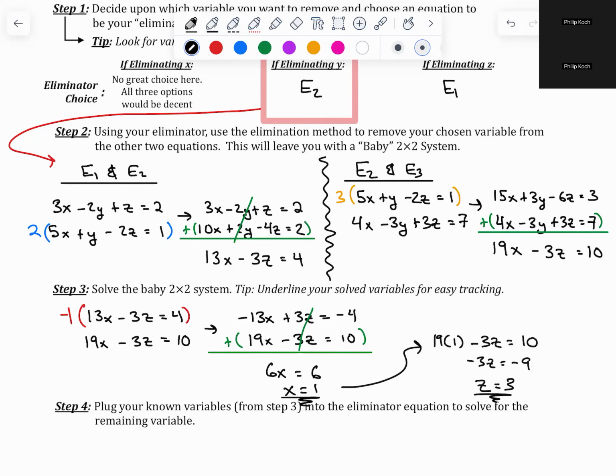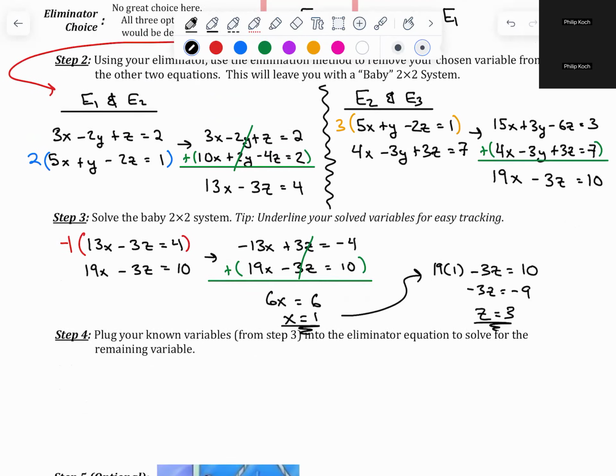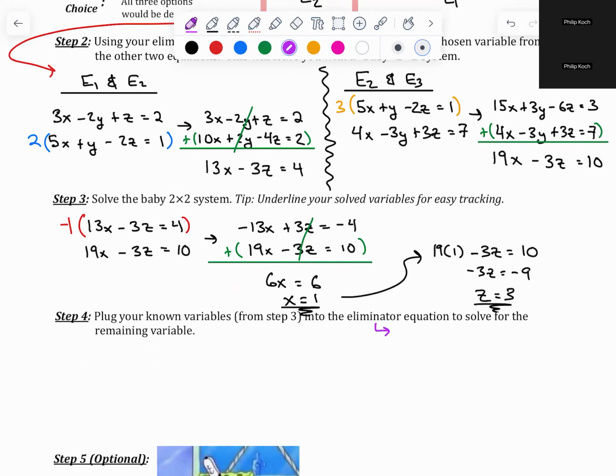Now that we have two of them, we can replace those two in any one of the original three equations. I suggest use the eliminator, but it doesn't really matter. Any option will work. I'm just doing the eliminator just for consistency, but it's not required.